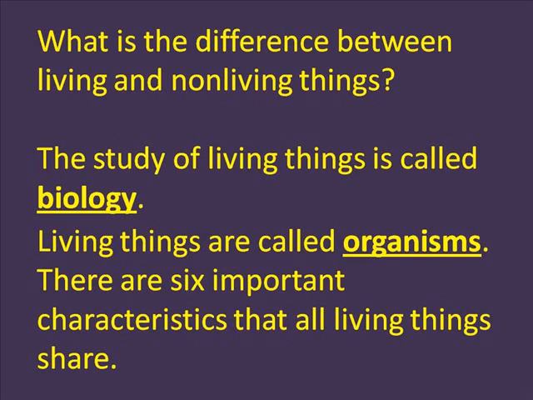If you are something that is dead, that does not mean that you are a non-living thing. Non-living means you never were, you aren't, and you will never be living. Living things can be alive, or they can have passed and they are now dead, but they were at one point considered living.